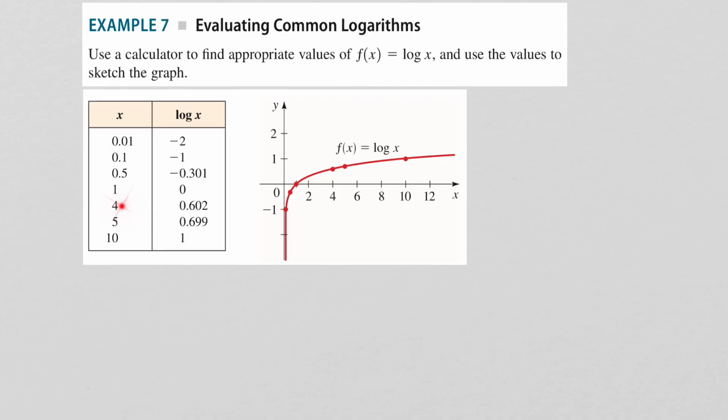But when I plug in numbers like 4 and 5, I would have to plug those in on a calculator using the log key on that calculator. So every scientific calculator has a logarithm key, which stands for this log base 10 or this common logarithm. But you can see once you pick some values of x and plug those in, the graph of log x looks very much like the graph of all the other logarithms we've discussed in this video.